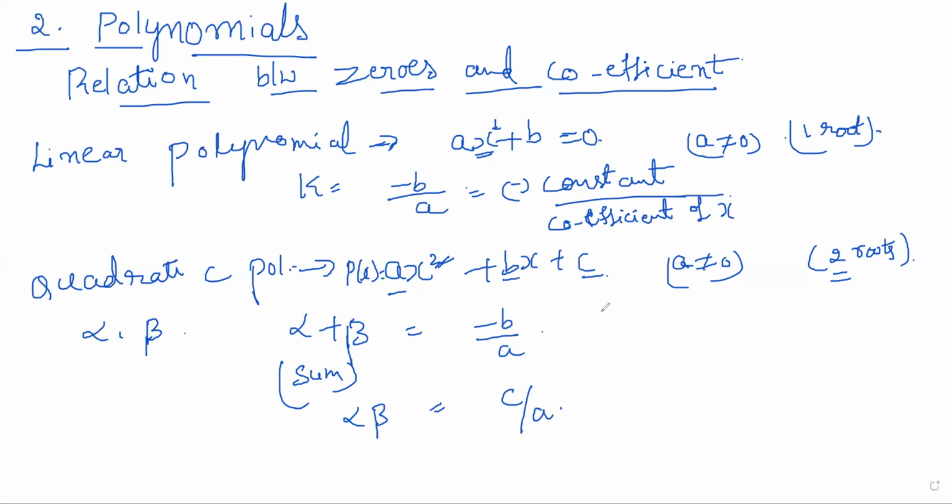And if they give the zeros, alpha and beta, of the polynomial, how do we frame the polynomial?